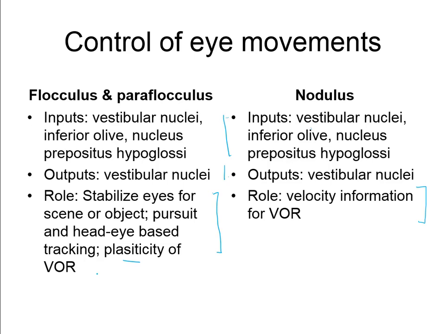Well, I'm either lying, right? Or there's heterogeneity in some aspect of the input information they get, or the target neurons that they send their output to that we don't understand. Maybe the vestibular nuclei have different subsets of neurons, some of which code one type of information, some of which code the other. Okay?